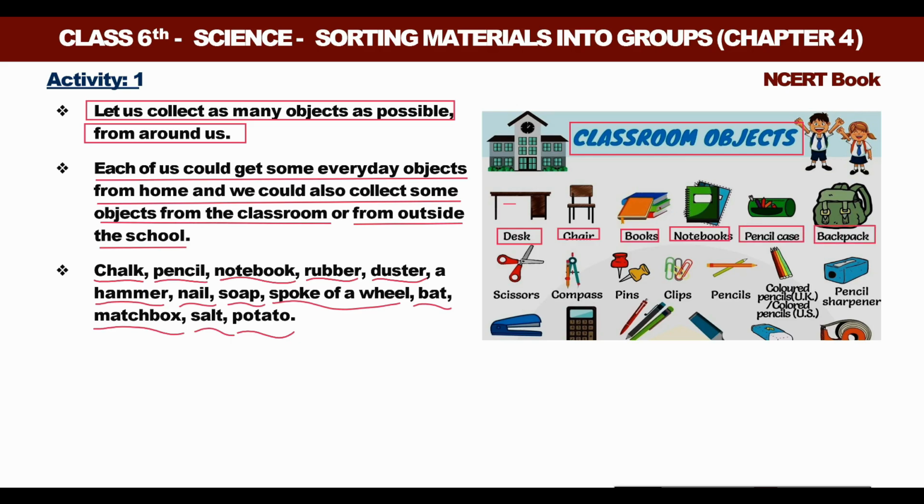These are school related, I mean classroom related objects. There is a scissor sometimes needed, compass, pins, clips, pencil, stapler, pen, calculator needed. So these are the objects related to study and classroom objects.